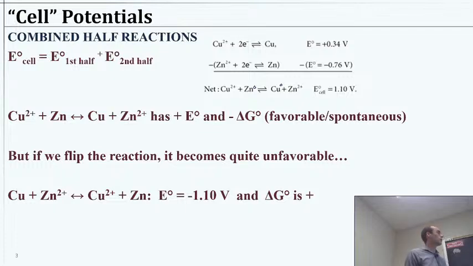That's going to have a negative standard reduction potential and a positive delta G. So that's not going to be spontaneous. We would have to perhaps add energy to make that happen, or add some sort of input. Okay, does that make sense?